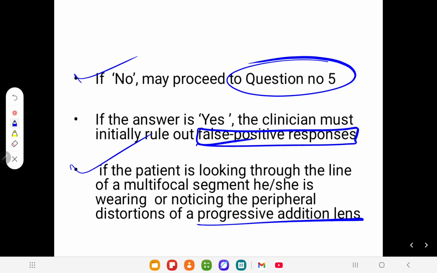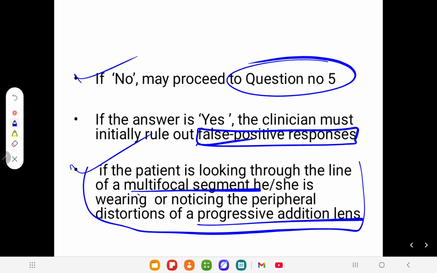Or there are multifocal segments, or even a patient with a high negative power minus lens spectacle, or a high plus lens. The spectacle itself can create distortion, isn't it? It's very important that you understand these things and instruct the patient to see through the optical center.